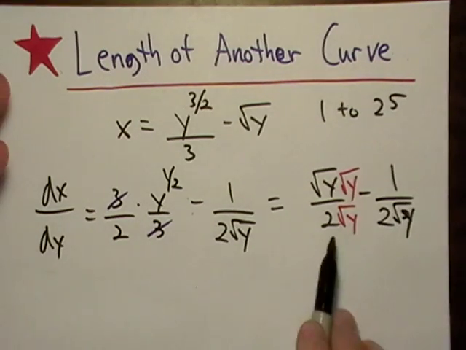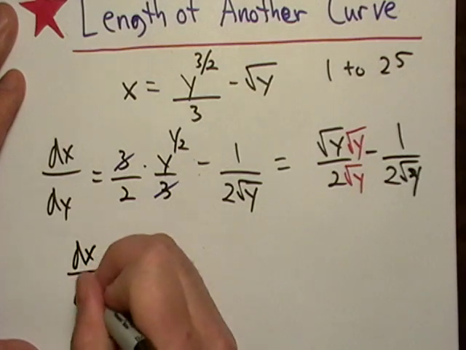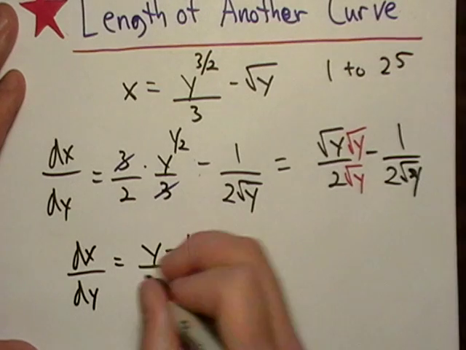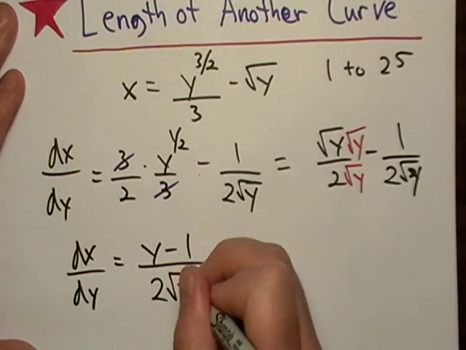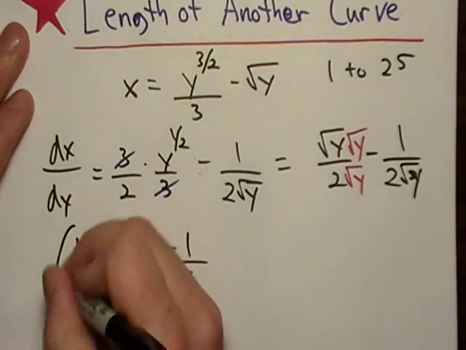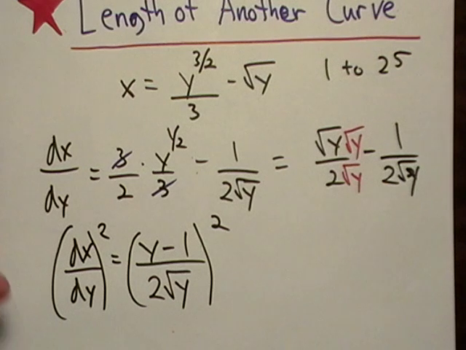Well, this is pretty easy. dx/dy is just going to be equal to y minus 1 over 2 square root of y. And for our formula, we need this to be squared. So let's see if there's anything we can do to mess with that.